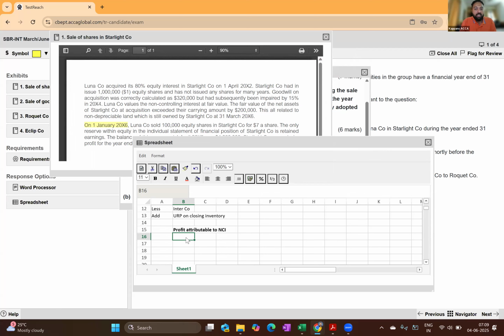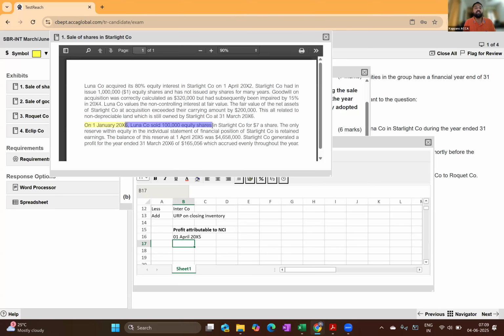So we can say that our financial year ending is on 31st March X6. So the financial year will begin on 1st April 20X5 and end on 31st March 20X6. And what happened in January X6? Luna Company sold 100,000 equity shares in Starlight.